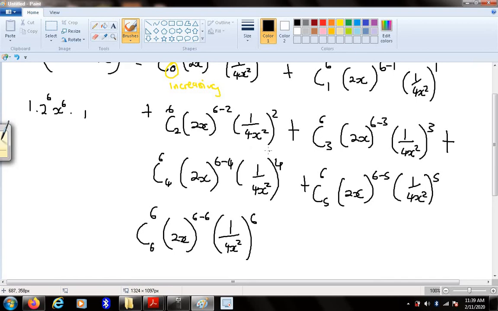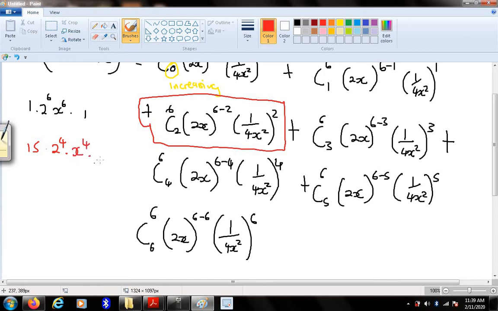But if you consider this term, it's easy to see, if you have done a couple of these problems, that if you raise x to the power of 4 in this case, so 6 choose 2, that will give us 15 on the calculator, times 2 to the power of 4 multiplied by x to the power of 4.